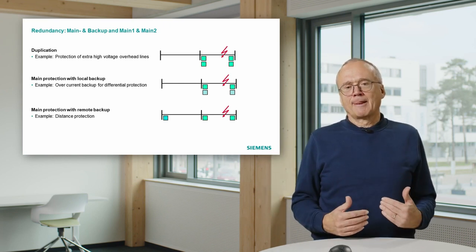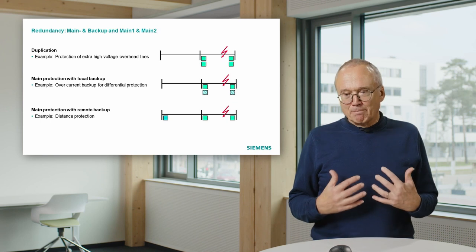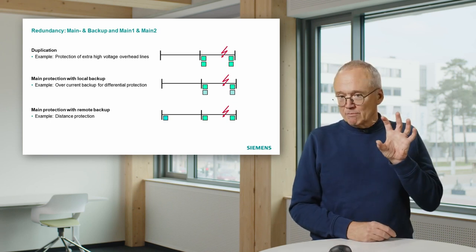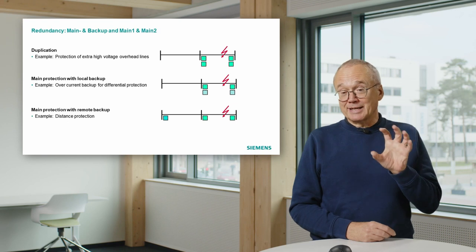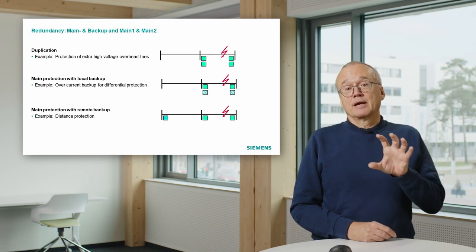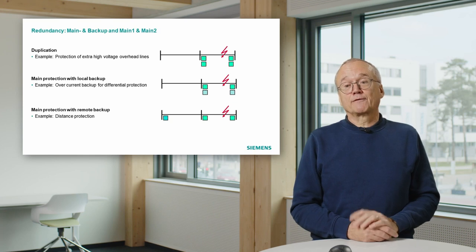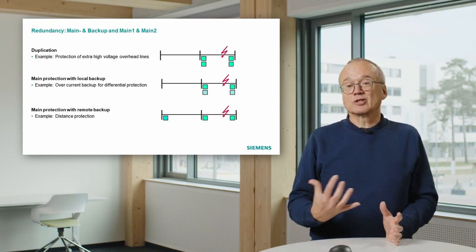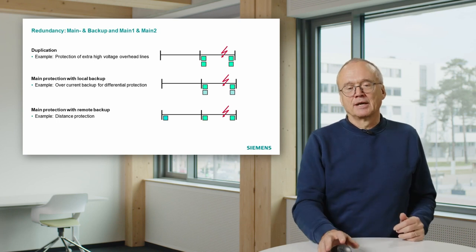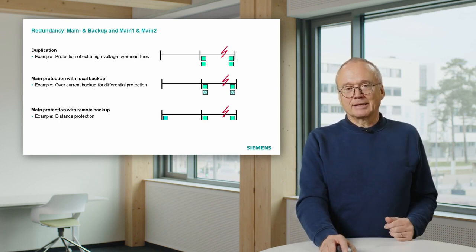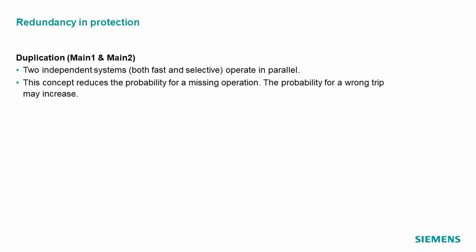It gives you a backup without installing additional relays, but you must have in mind, in case of a backup, you will have a delayed tripping, and you will also have reduced selectivity. That means you take into account some deficits concerning trip time and selectivity.